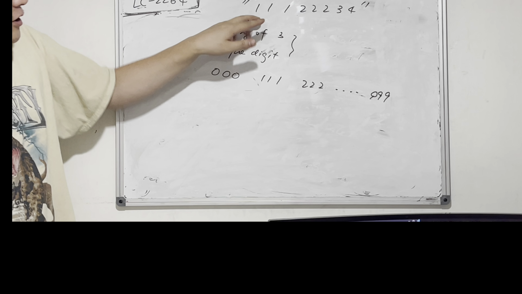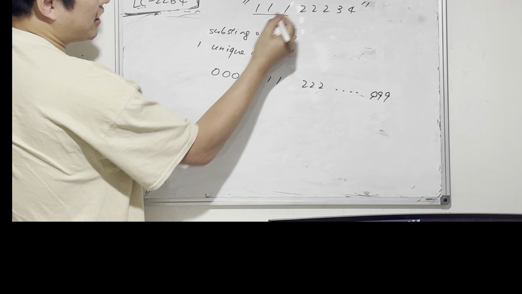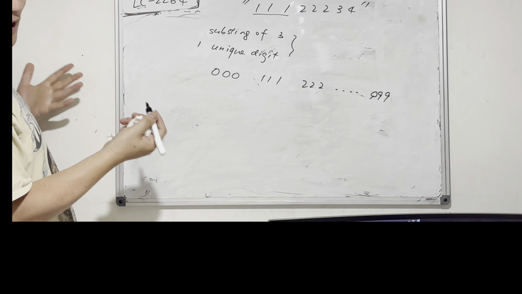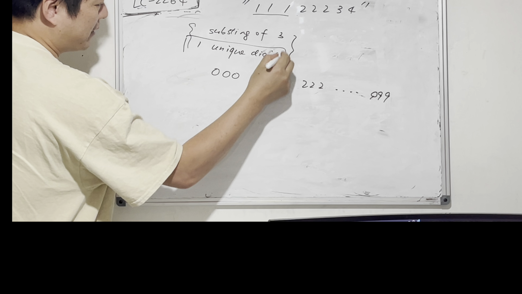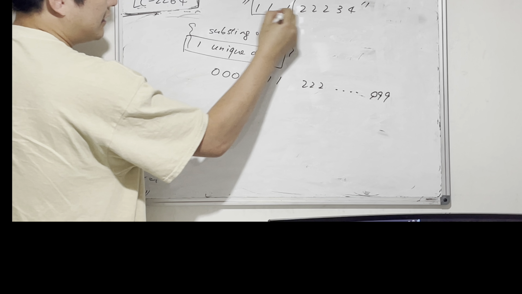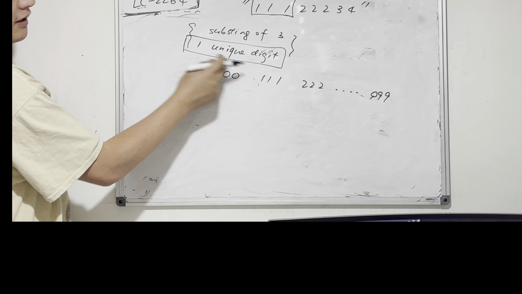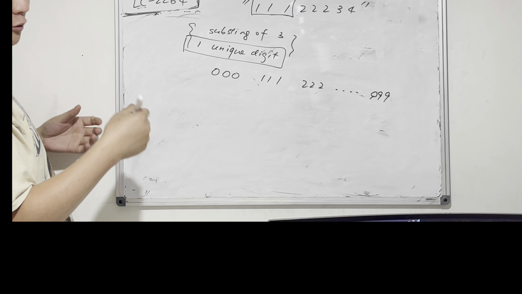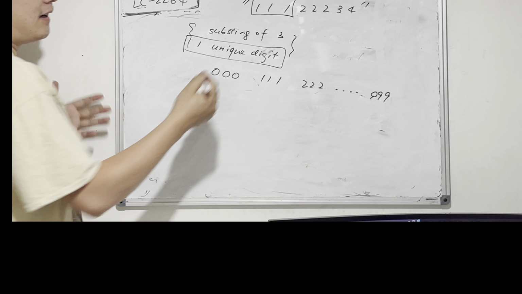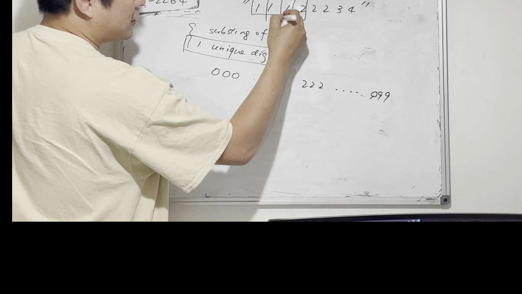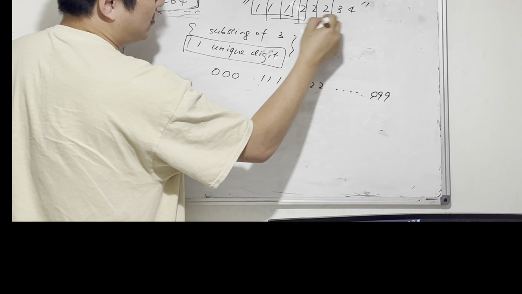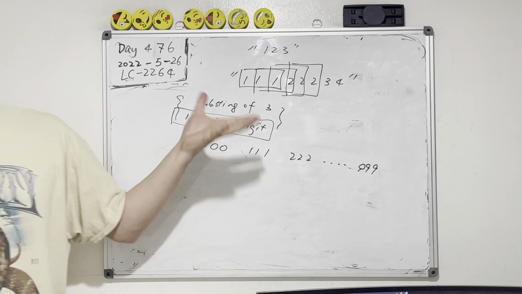The other way is to continue checking every substring, three digits at a time. Is it one unique digit? If yes, we remember it. Is this the same? No. And then we just keep moving, and we remember the maximum.